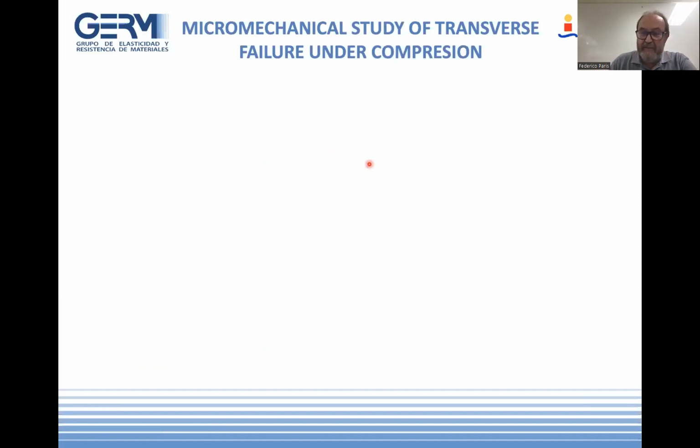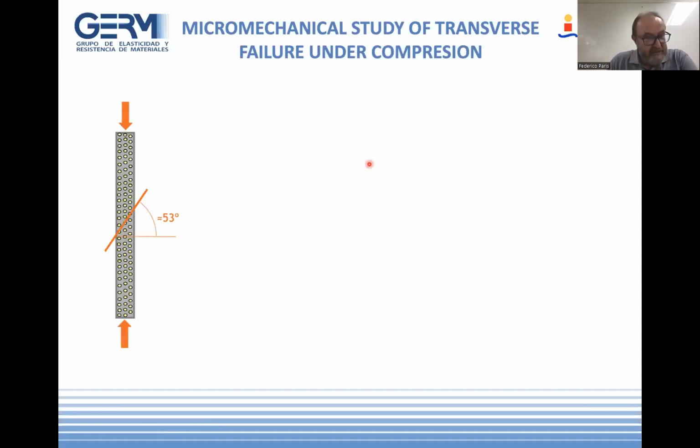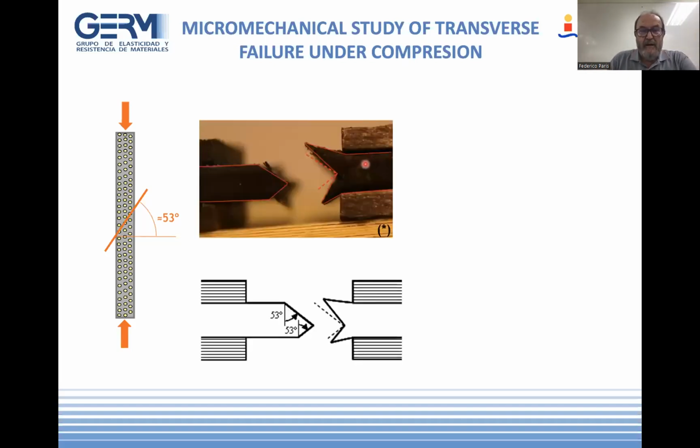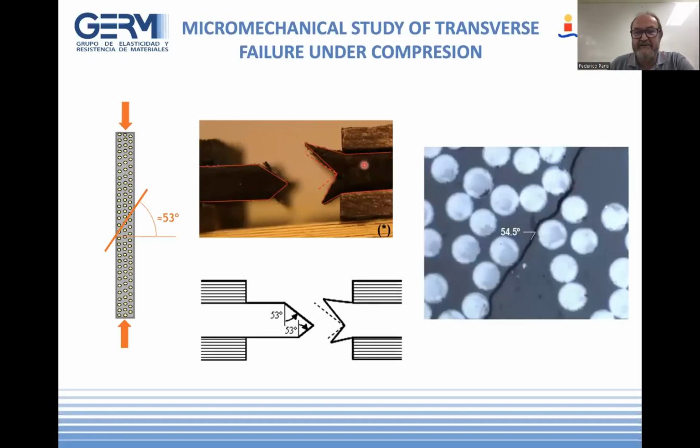If we move to compression, testing a material, we notice that the fracture angle is 53, 54, 55 degrees, as you can see in this image. But there is also a micromechanical explanation.